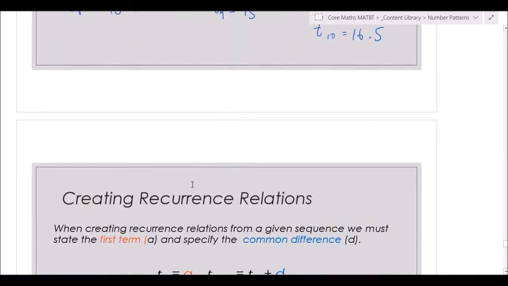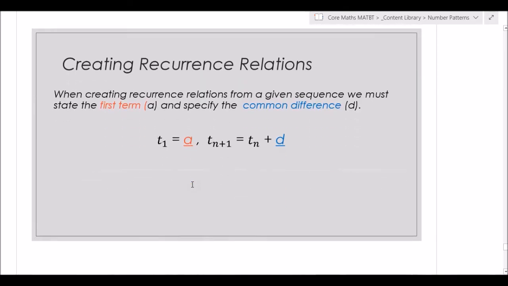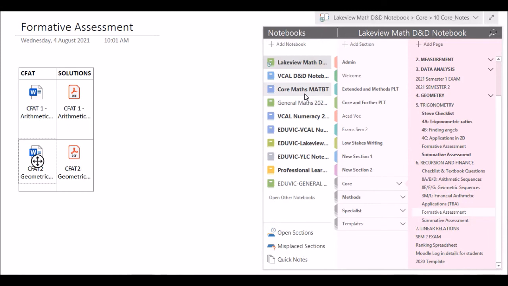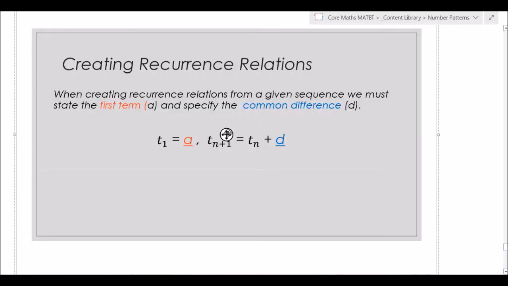All right, the last part of this is learning how to create a recurrence relation. So remember, when we create a recurrence relation, you need to state the first term and then specify the common difference.